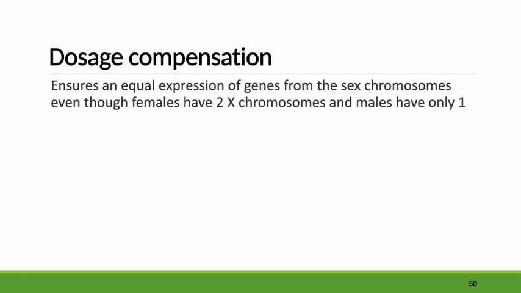Every future generation of cells that comes from that cell that has the X shut down will produce cells that also have the same X chromosome shut down. So in this way, females, when they are born, and of course when they're adults, are actually only reading one X chromosome and ignoring the other.